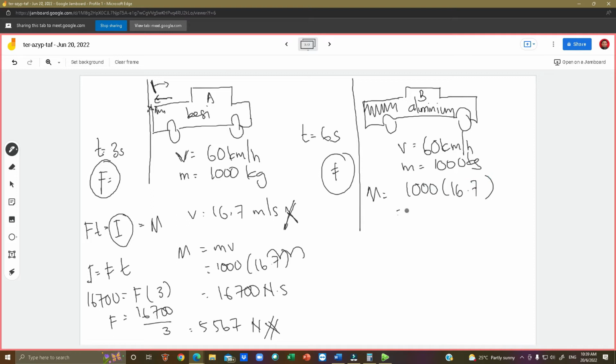So kita ada 16,700. Okay, and then the impulse is Ft. So Ft is 3. 16,700 equals to F3. F6. New time is 6 seconds. So the F now is 16,700 over 6.